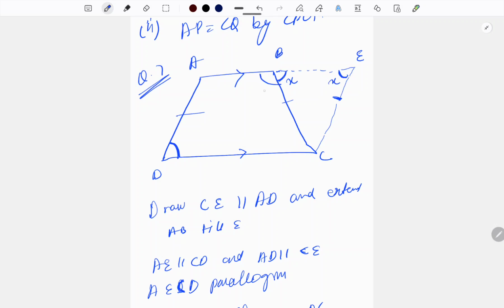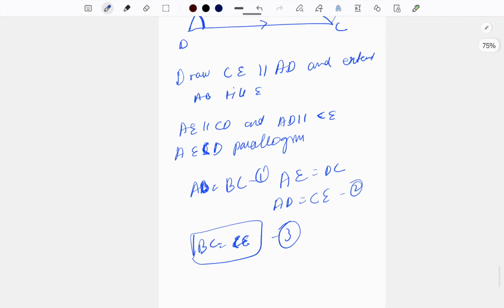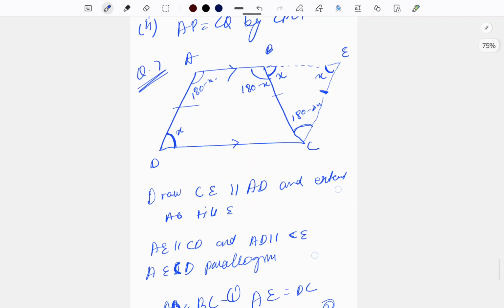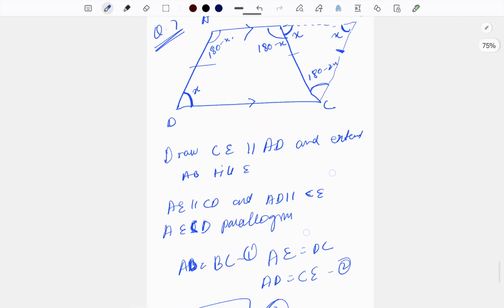This will form 180 minus x, and this is already x, right? So this will automatically become 180 minus x. This is a very easy question. We'll solve in this manner. Till here we are clear, the sides are equal. Now I will explain how.